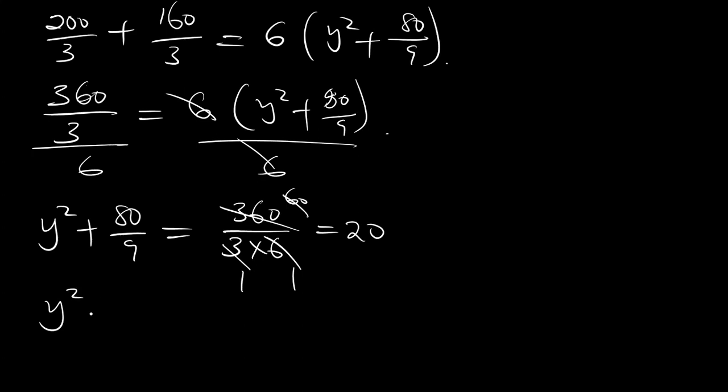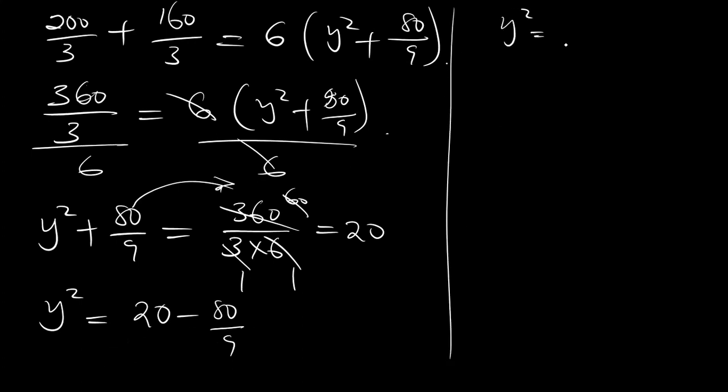So that means we have y squared equal to 20 minus 80 all over 9. If 80 divided by 9 moves to this other side, it becomes y squared equal to this. So you have y squared is equal to 20 times 9 over 9 minus 80 all over 9. 20 times 9 divided by 9 is the same thing as 20.